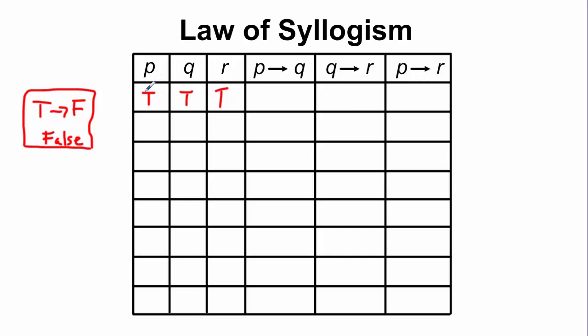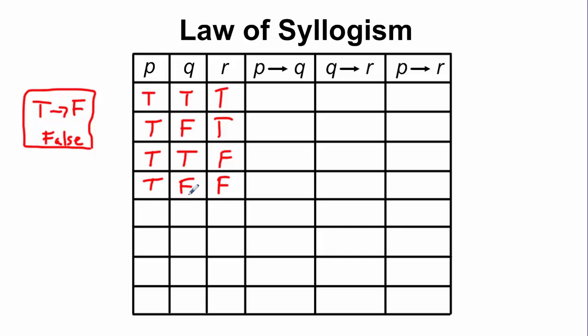There are only 8 possibilities. They could all be true, and I can have true, false, true. I can have true, true, false, and I can also have true, false, false. These are all the possibilities when P is true.